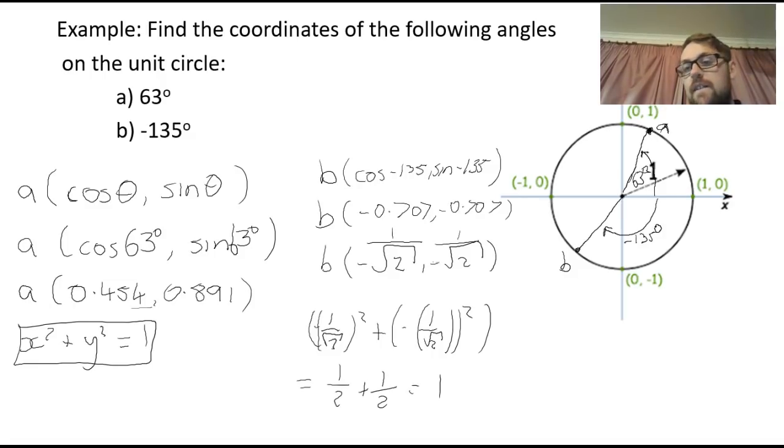So again, it checks out. All right, and that's always going to be the case for every point. So the coordinate of B is these points here.